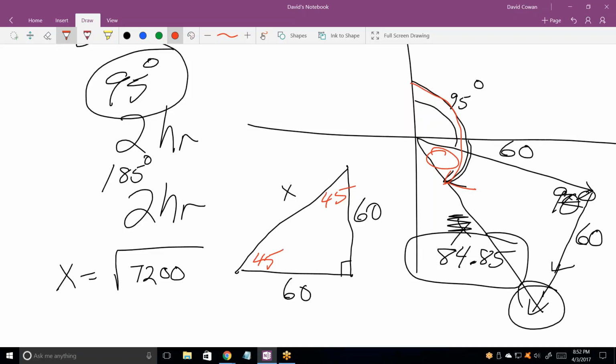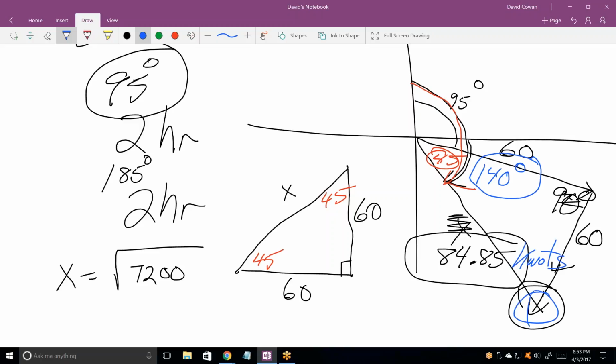Anytime you have an isosceles right triangle, the two acute angles are equal to one another, and they're both 45 degrees. So if that's 45, then the full angle is 95 plus 45. So this full angle is 140 degrees from north at a distance of 84.85 knots.